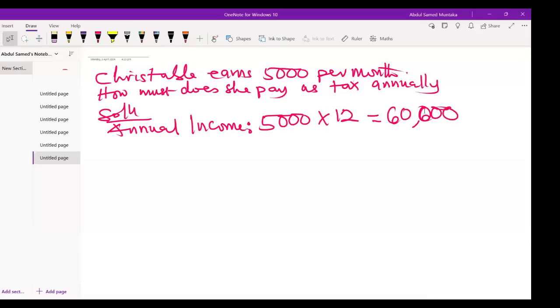Now you are going to use the schedule that I showed you to calculate her tax. So annual tax. Her total earning is what? 60,000.